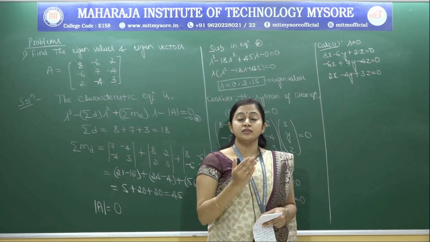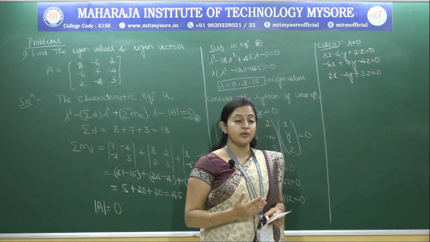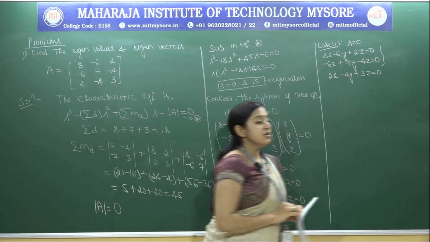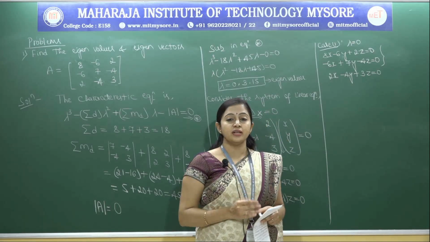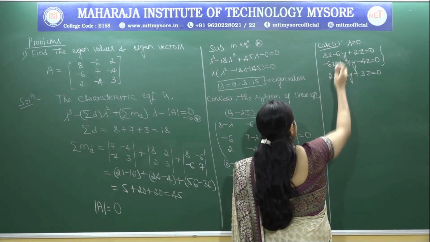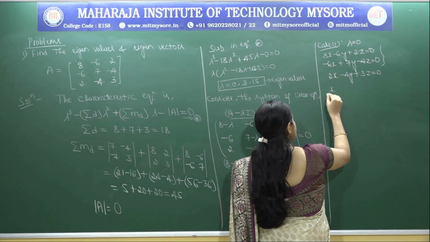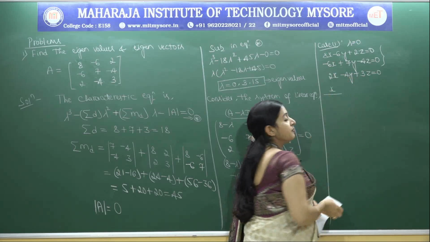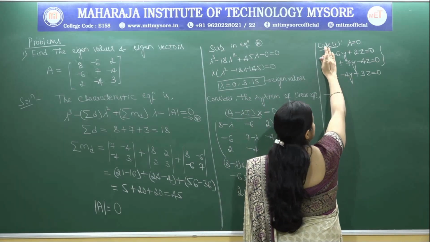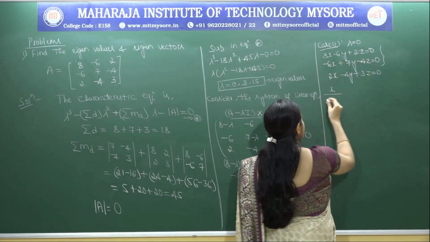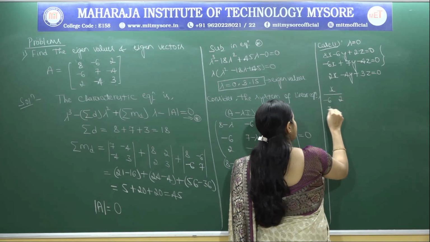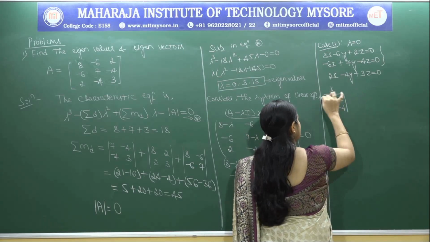So consider any two of the equations. I consider the first and second one. On cross multiplication, you will get the corresponding eigenvector. So I will tell you the procedure. First I consider these two. Write the x variable. For x, except this column, you have to write the determinant for the remaining terms: minus 6, 2, 7 and minus 4.